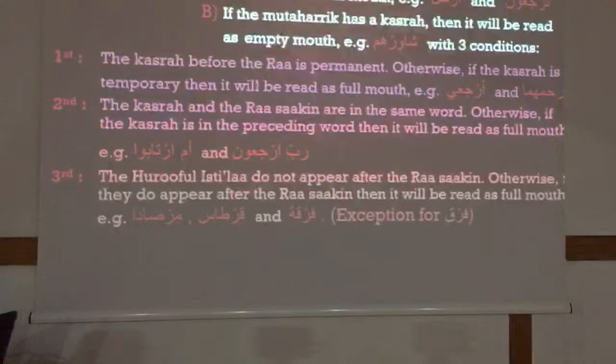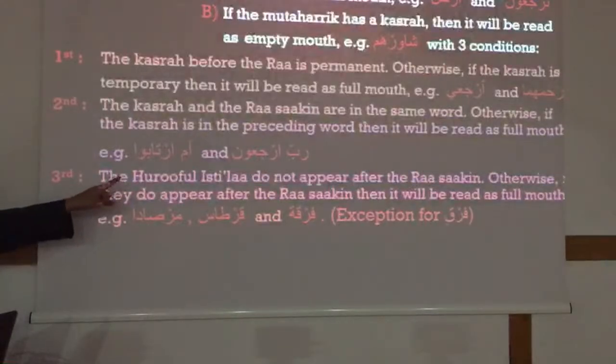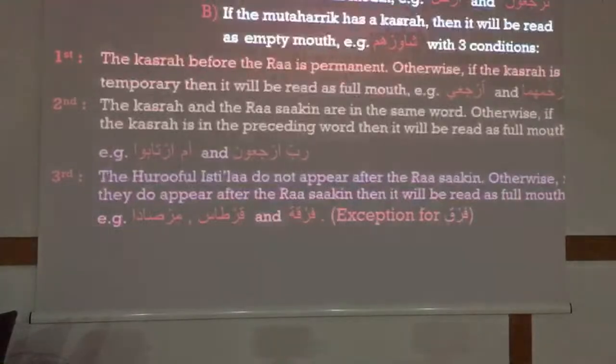If they're not in the same word, if the kasra is in the word before and the ra is in the next word, then the ra will be read full mouth. So when you look at the examples, you have irtab, okay? When you join it, the meme we're going to read with a kasra.